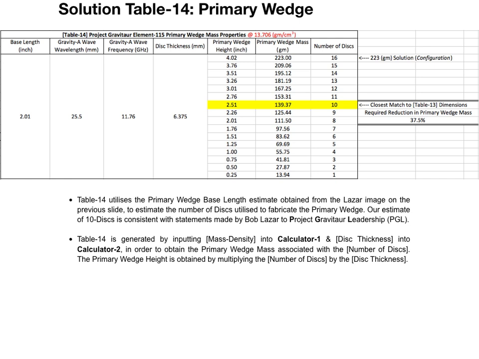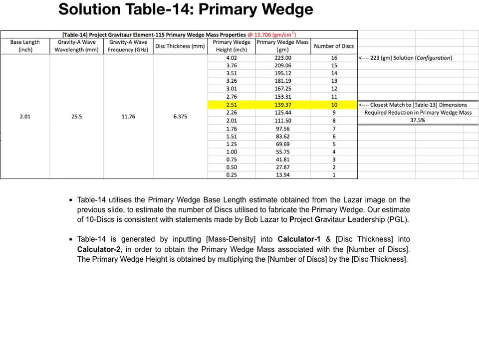Table 14 is generated by inputting mass density into Calculator 1 and disk thickness into Calculator 2 in order to obtain the primary wedge mass associated with the number of disks. The primary wedge height is obtained by multiplying the number of disks by the disk thickness. Please pause the video presentation and study the information provided.